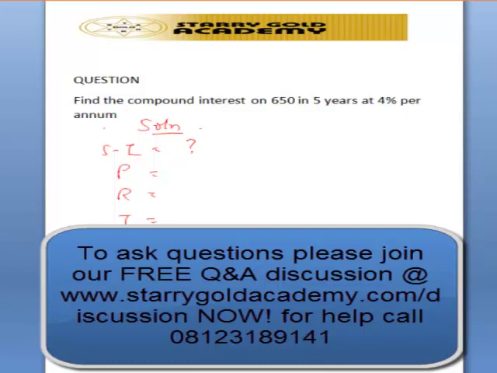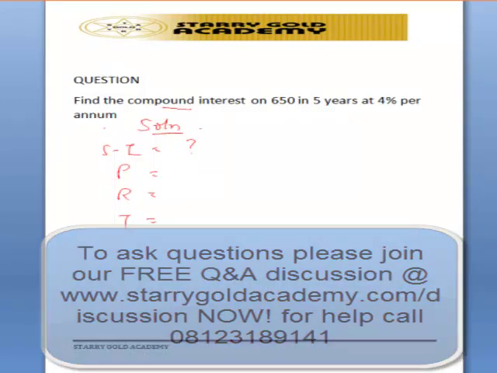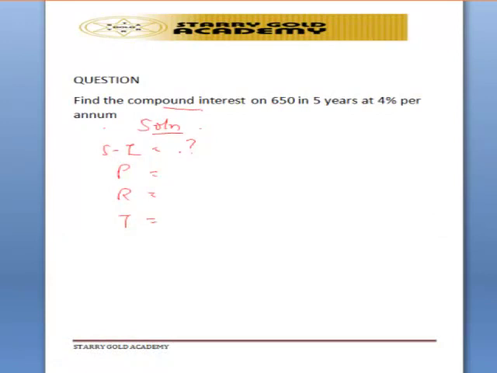Actually, we are trying to get our compound interest. But before we can get compound interest, we must firstly get our simple interest. Then principal is 650. T is 5 years. The rate is what? 4%. Have you got this information?